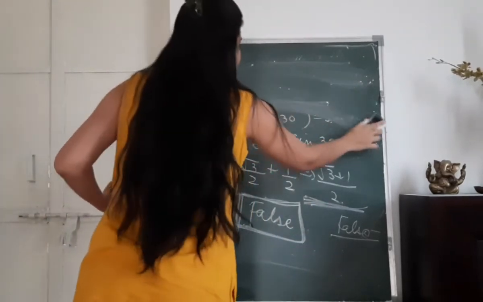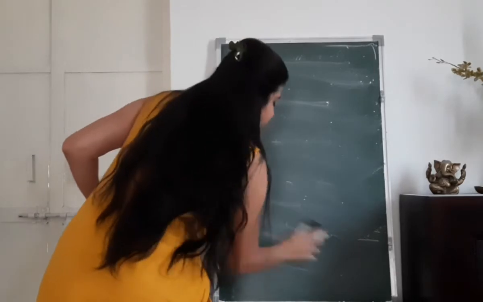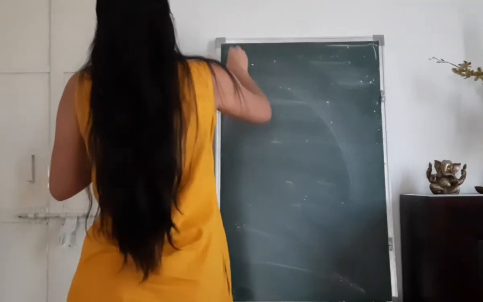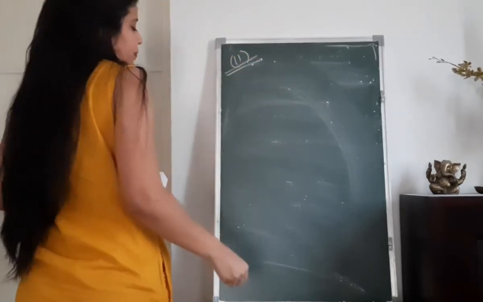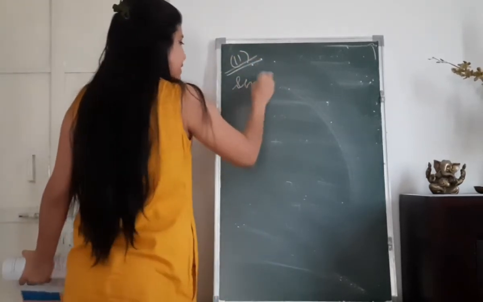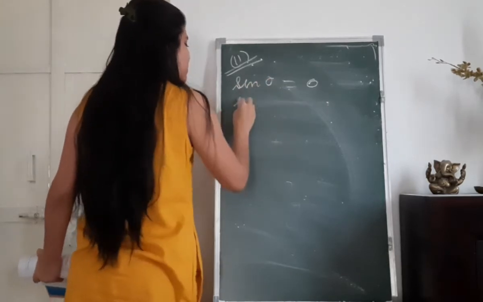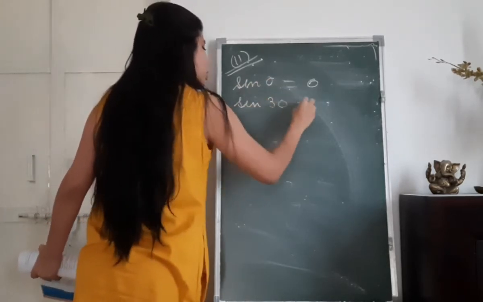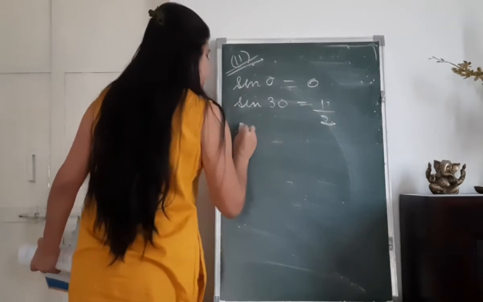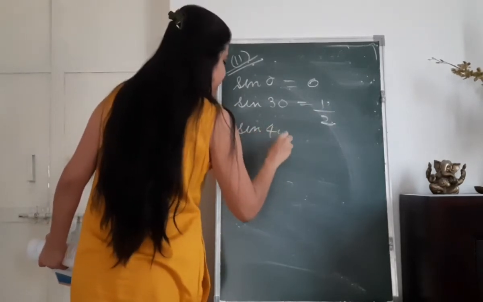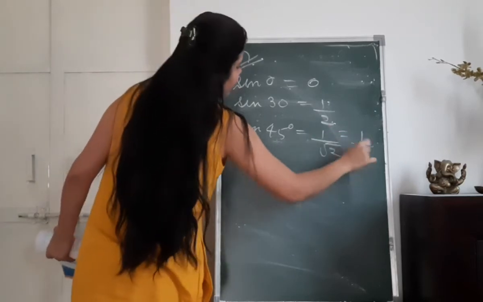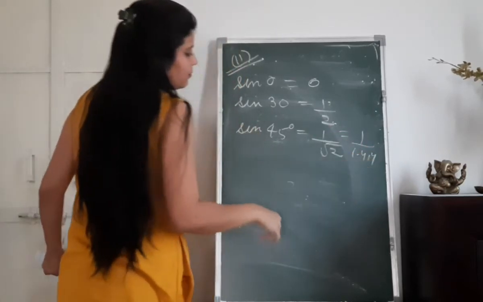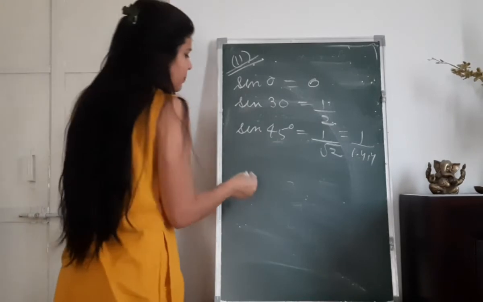Let's move on to the second part of this question. The value of sine theta increases as theta increases. Let's see. Sine 0 is equal to 0. Sine 30 is equal to half. Sine 45 degree is equal to 1 upon root 2, which is 1 upon 1.414, as far as I remember.